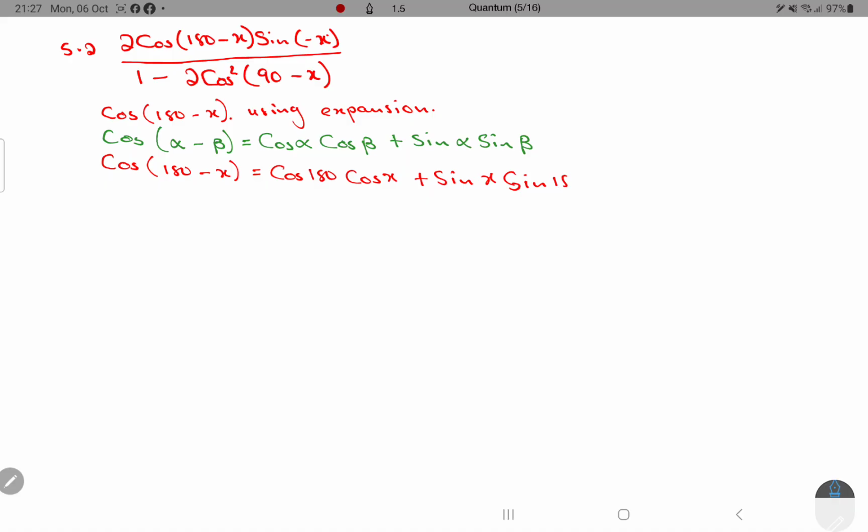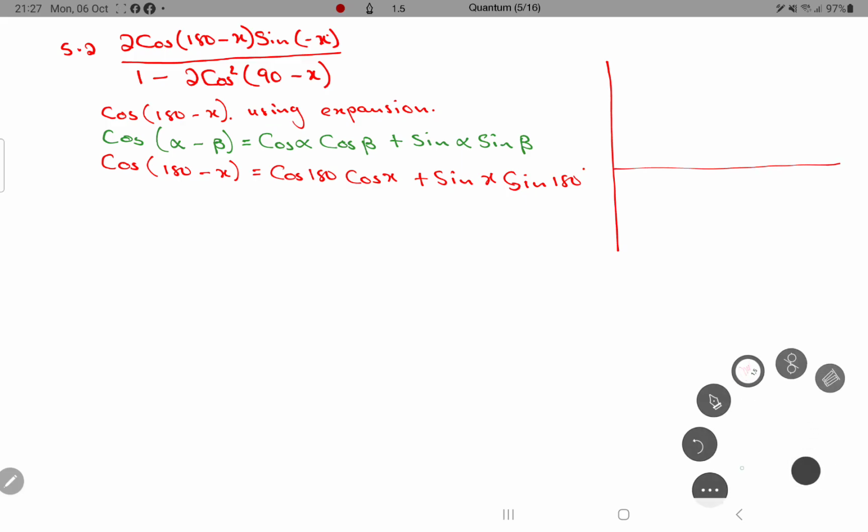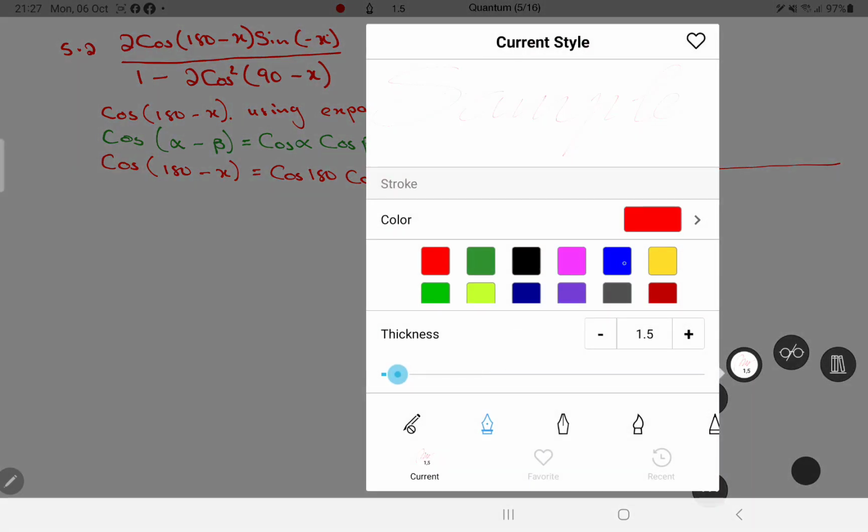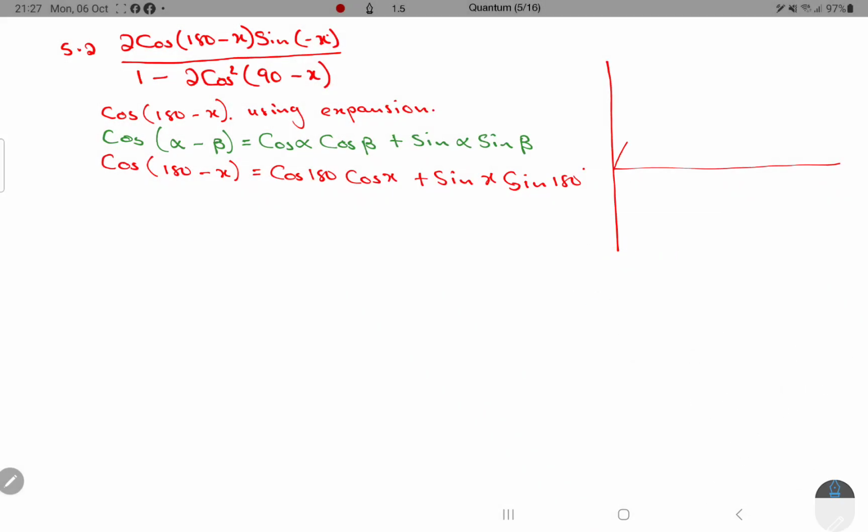So cos of 180 minus x means cos 180 cos x plus sine x sine 180. Now, when you look at the graph, we're going to have a small sketch of the graph. We're basically going to have two types of graph. This is the sine graph, in red. It goes from 0 up to 90, 180, 270, then 360.